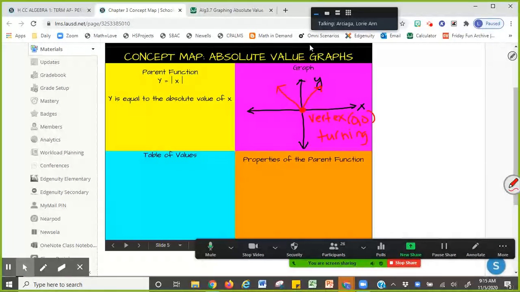It's called the turning point because it's the point where the graph switches direction. So from the left side going to the middle, it's actually decreasing, right? Because it's going down. And then from the middle to the right, it's actually increasing.